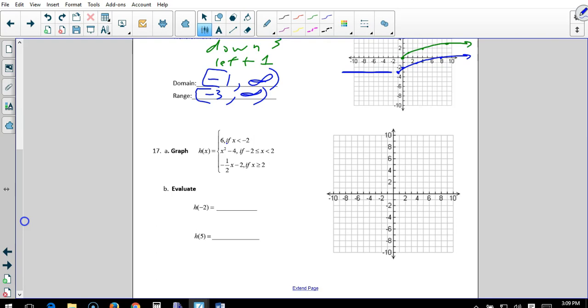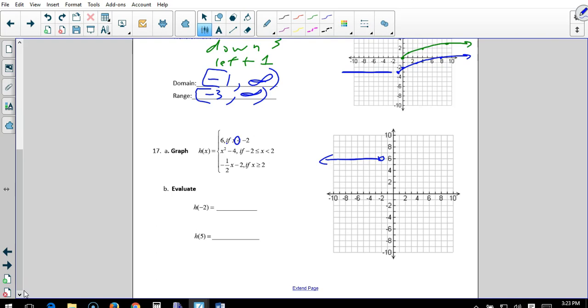So y = 6 is a horizontal line through +6. But I want to cut it at -2, which is right here. I'm going to cut it, but I'm going to use an open dot because that is just less than. So at -2, 6, I'm going to put an open dot and go that way.